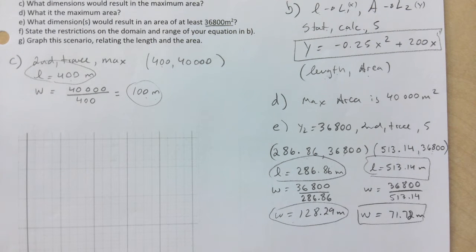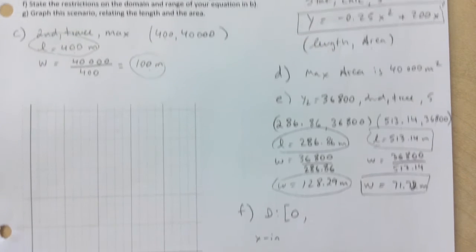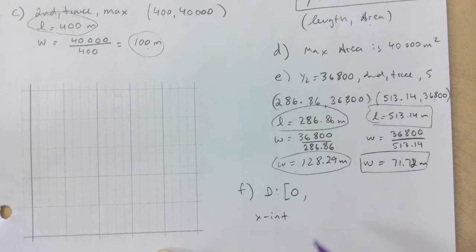Okay. State the restrictions on the domain and range. You need to find the x-intercept. So for domain, it's going to be 0 and then the x-intercept. So I found the x-intercept. Sorry, you're not seeing it. My bad. The x-intercept, right? Second trace 5.